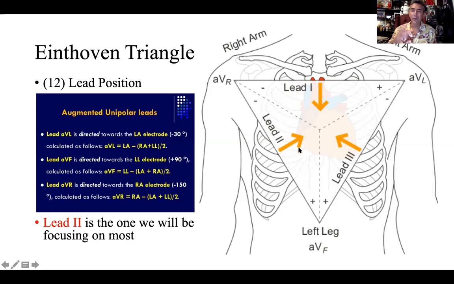So for most cases, for introductory classes, for 90% of the situations, we analyze lead 2. If you go to a cardiologist that's looking at more intricate heart issues, then they start looking at some of the other leads and those readouts as well. But for us today, for the semester, we're going to focus on the simple information provided by lead 2. Lead 2 is the one we're going to be focusing on the most.